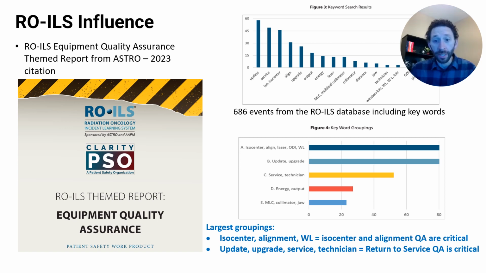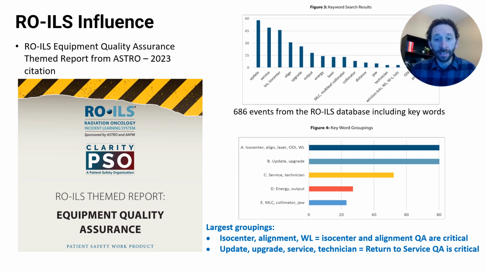The largest groupings were identified as isocenter, alignment, Winston-Lutz. It's very important to make sure that your alignment for your patients is being QA'd appropriately in your system, in your department. And then update, upgrade, service, and technician. If you combine those two categories, groups B and C, that's actually the largest group. This would indicate that return to service QA is critical.